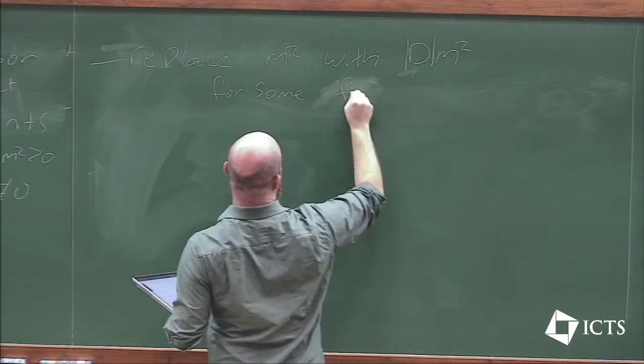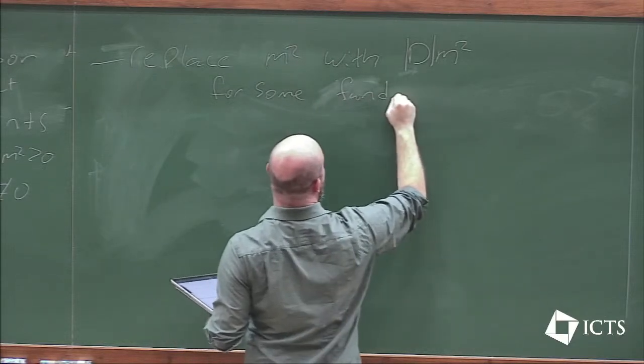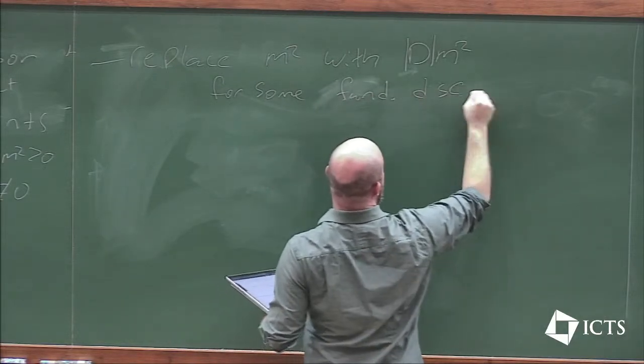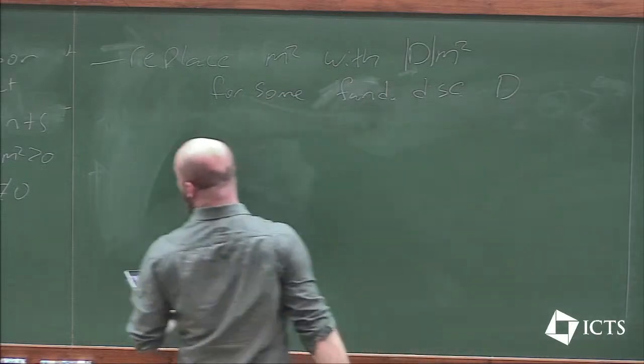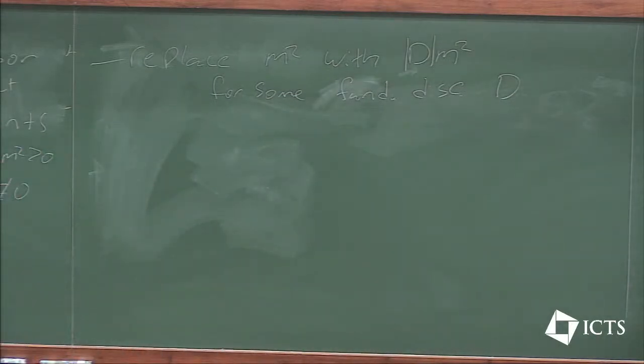Nope, I do want that to be fundamental. Fundamental discriminant d, and that'll change a couple of things here. Notably, it'll change the Heegner points that we're looking at where we have a divisor. But this is what we get there.